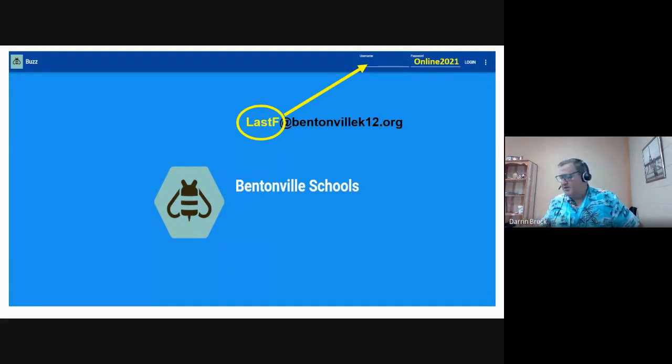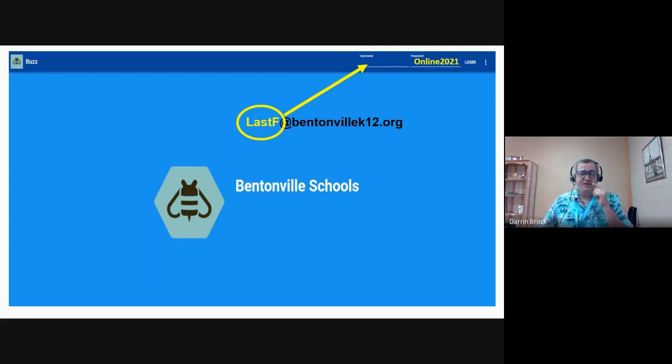If it's not, let me know, and I'll have to get with our Buzz tech and get that reset for you. But when you log into Buzz, your last name and first initials, or whatever your Bentonville school email is, whatever that name is, goes as your username. Online 2021 with a capital O is what you will use as the password.